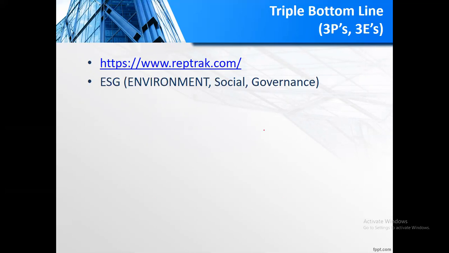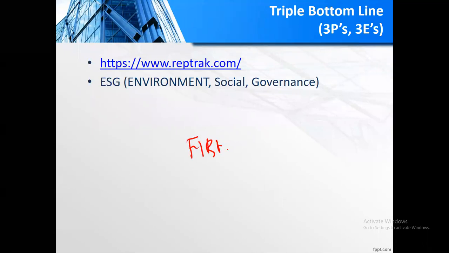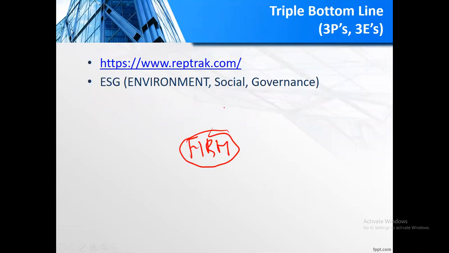So you have a firm here. Ito yung company, no? Ito yung firm. Okay, a firm, a business does not operate in a vacuum. There are several parties that are interested in the well-being of the organization. May mga organizations na ino-observe yung organization na yan, yung firm, yung business.